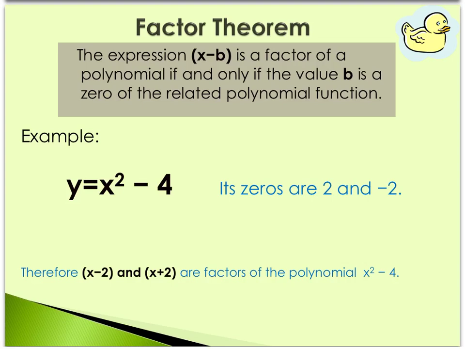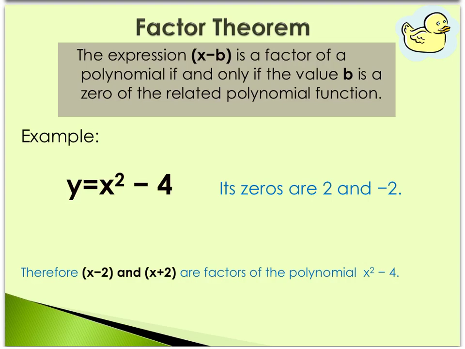Now what the factor theorem says is that the expression x minus b is going to be a factor of a polynomial if and only if this value b is a zero of the related polynomial function. Now this makes sense, right? Because if 2 and negative 2 are zeros of my function, then how did I get 2 and negative 2?